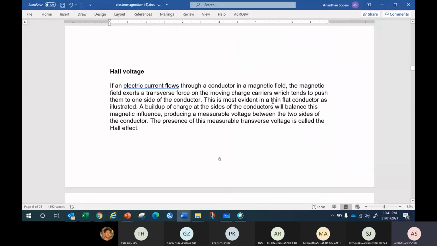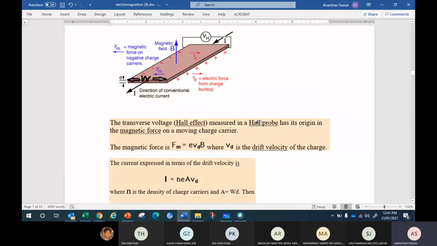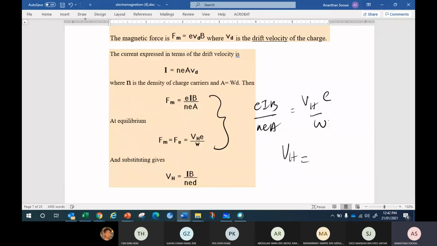Then finally, we talked about what is meant by Hall voltage, how it was derived and led to VH equals IB over NeD. Remember, the important thing missing in these notes is when you equate the two: EIB over NeA equals VHE over W. We make VH the subject and get WIB over NeA, the e cancels.